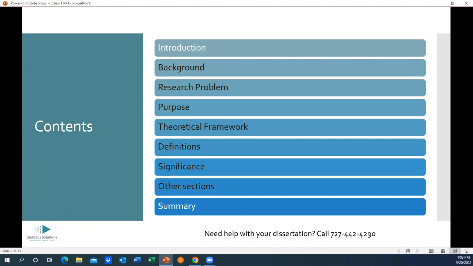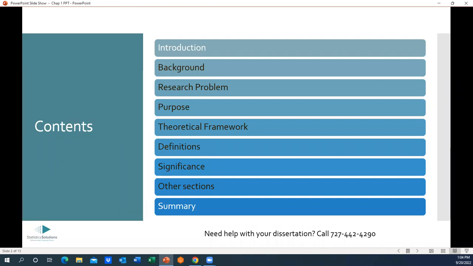All right. So chapter 1, just to pull back for a minute and look at the bigger picture, as the introduction to the study. Think of it as a blueprint.